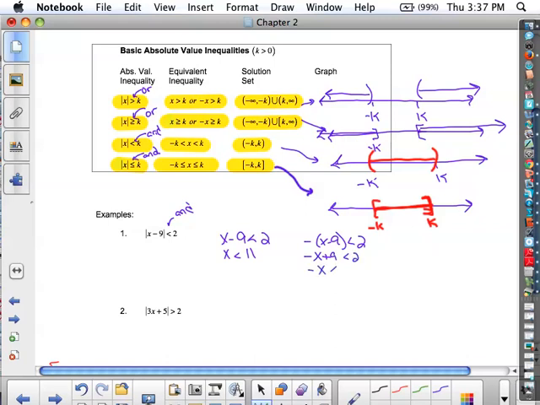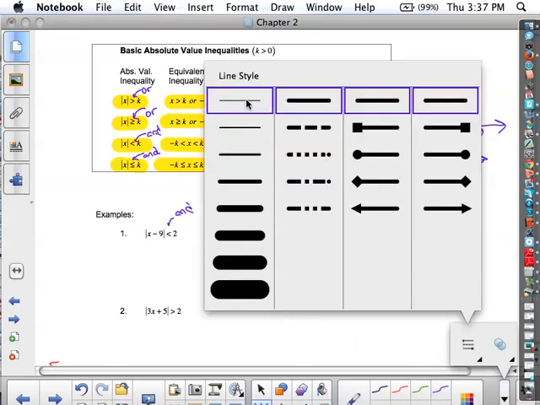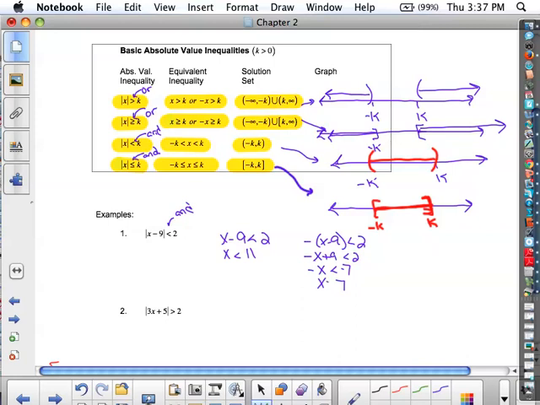Minus x is less than negative 7, so x is greater than 7, I'm sorry. I divided by a negative 1, so I have to reverse my inequality, so x is greater than 7.